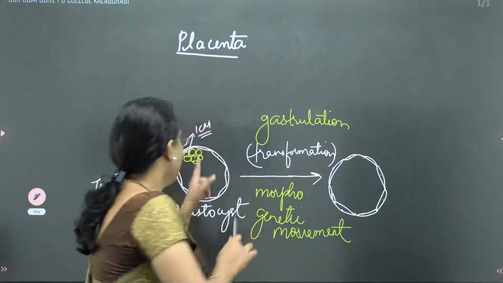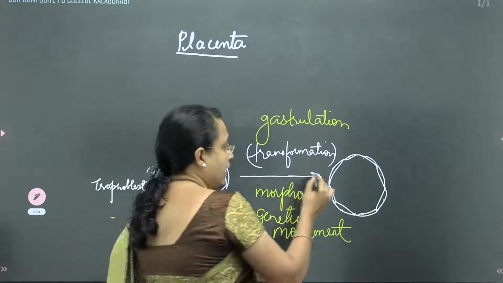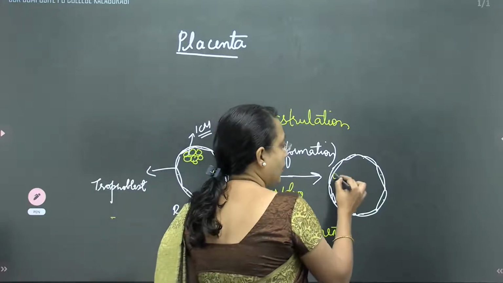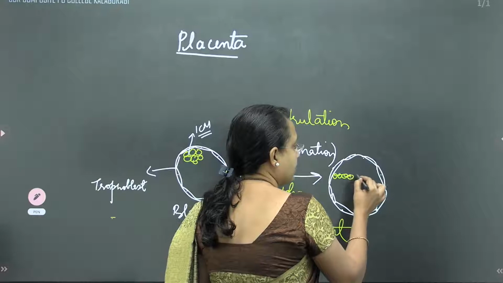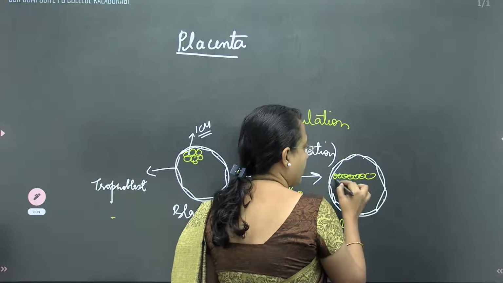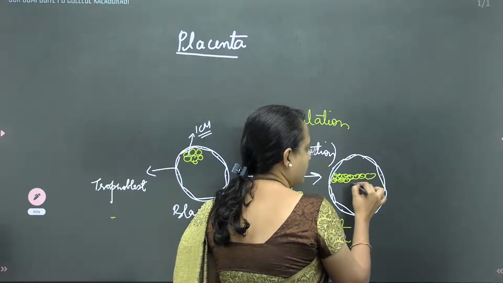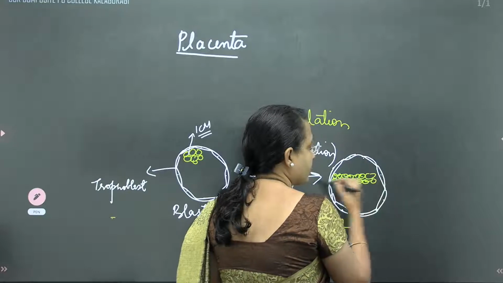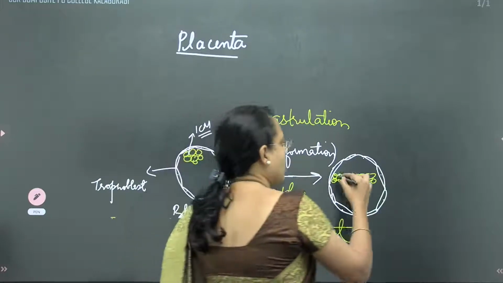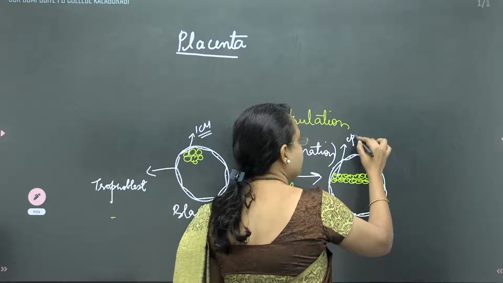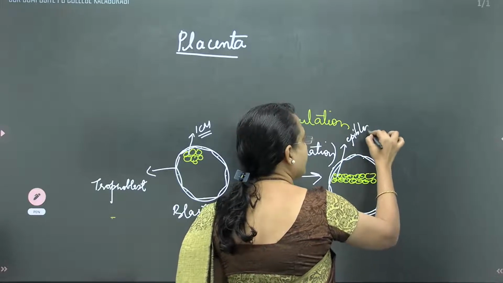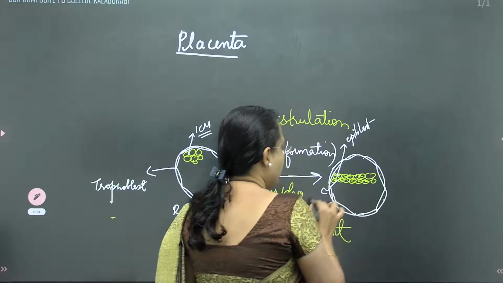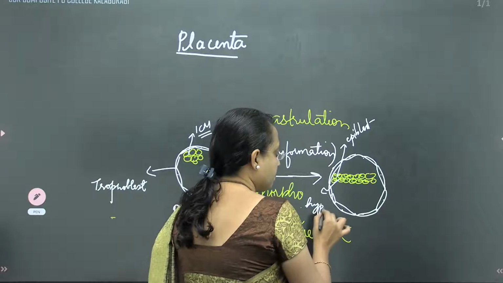Now these ICM cells will move and arrange themselves here to form two layers. One is called epiblast and another is called hypoblast.